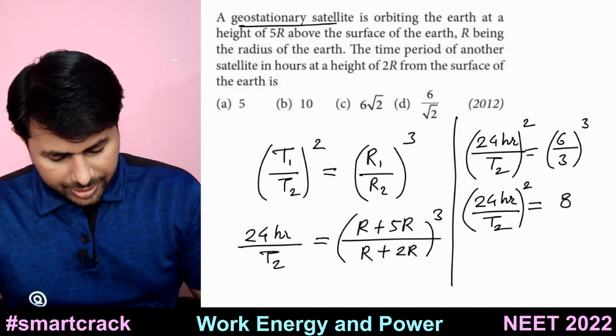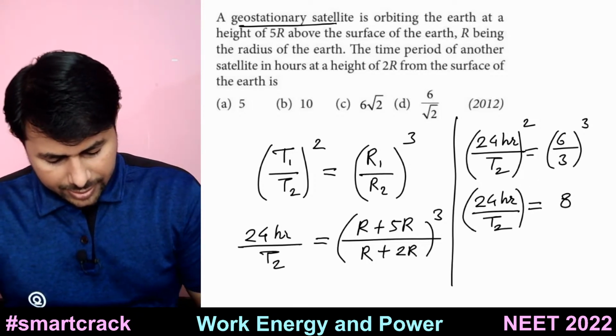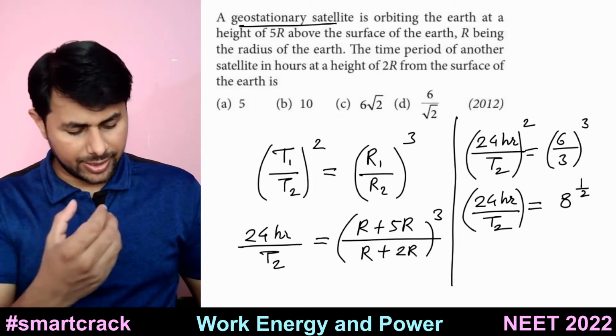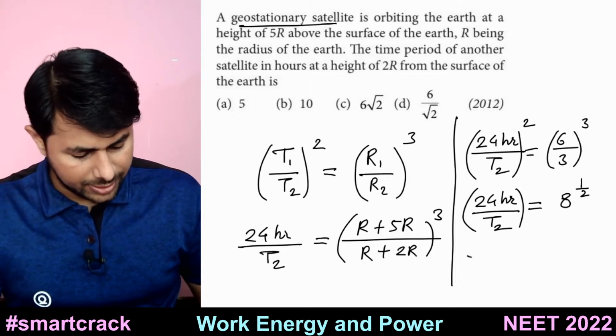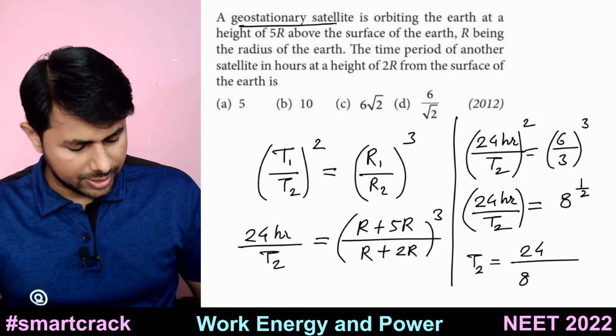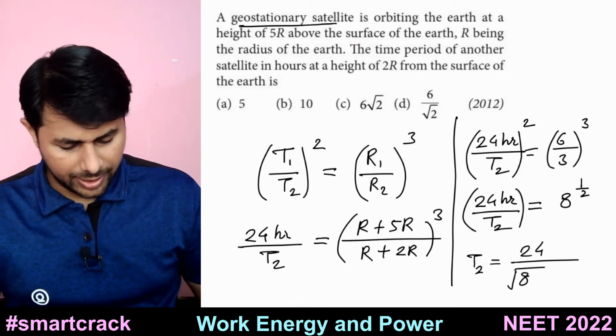So in this step itself I will write it as 8 raised to half. This 8 raised to half I will take in the denominator, and T2 I will take on the other side. So T2 equals 24 divided by 8 raised to half, or square root of 8.